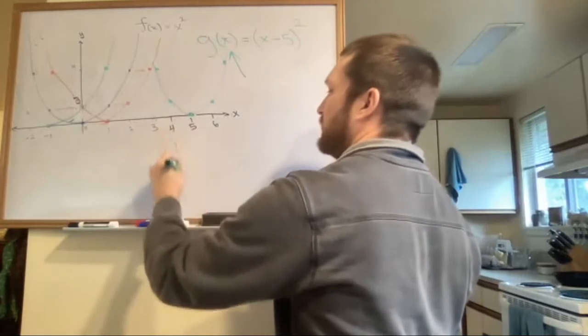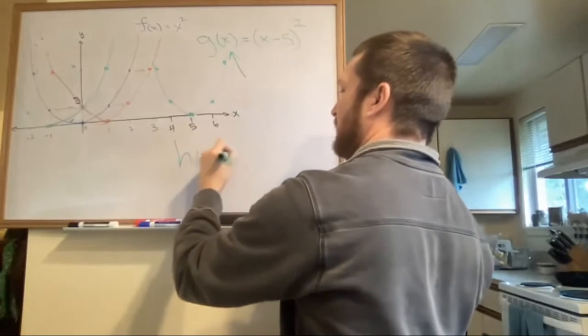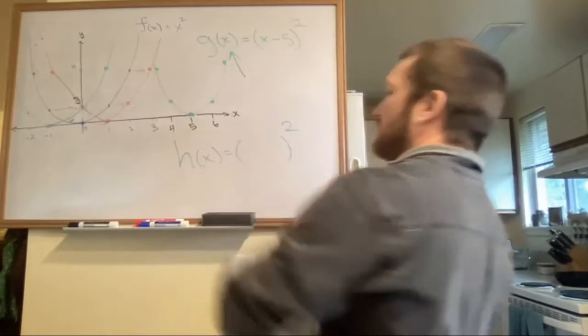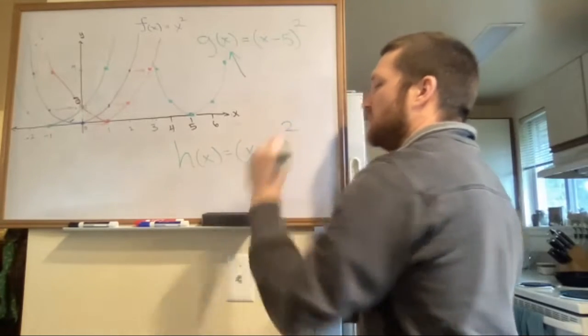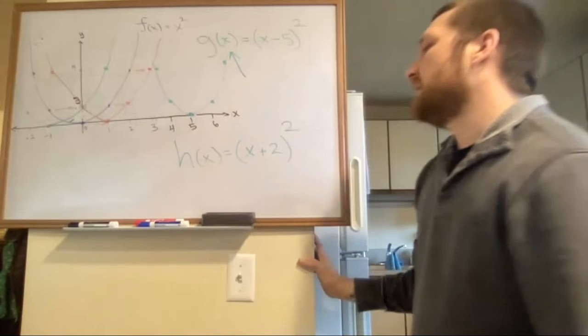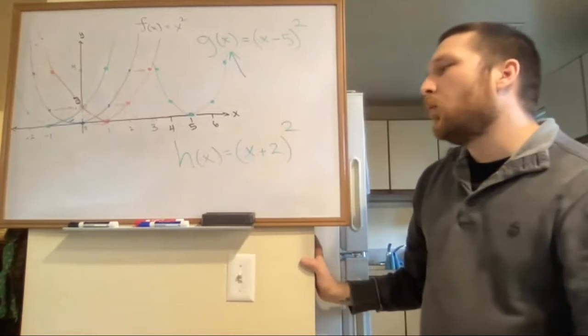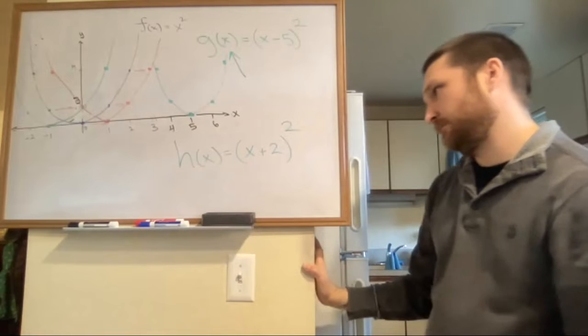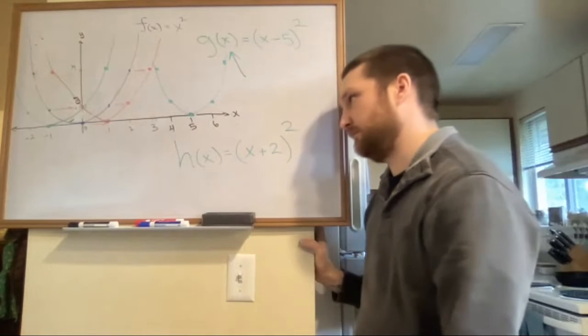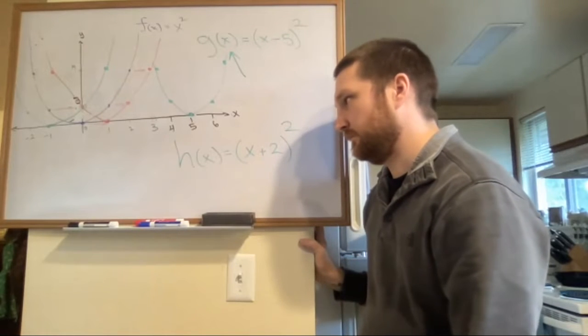If I had some function, say h of x, and it was something like this. If I said, how about x plus 2 equals 0? I could say what input gives me 0 as an output? Negative 2.